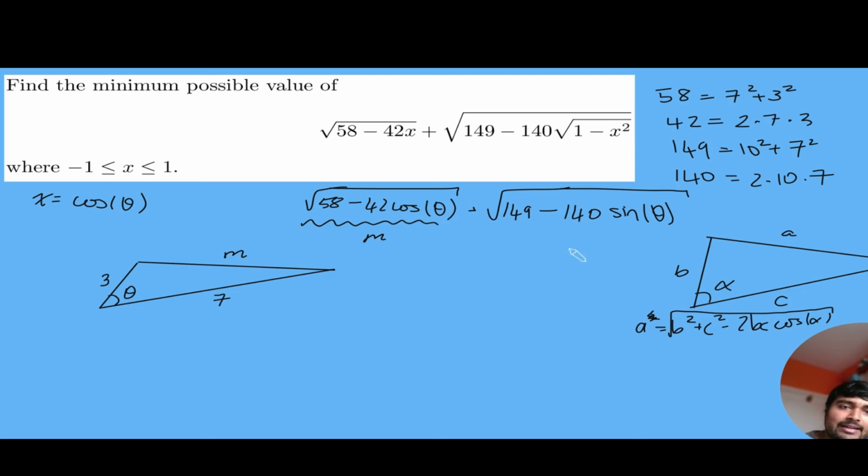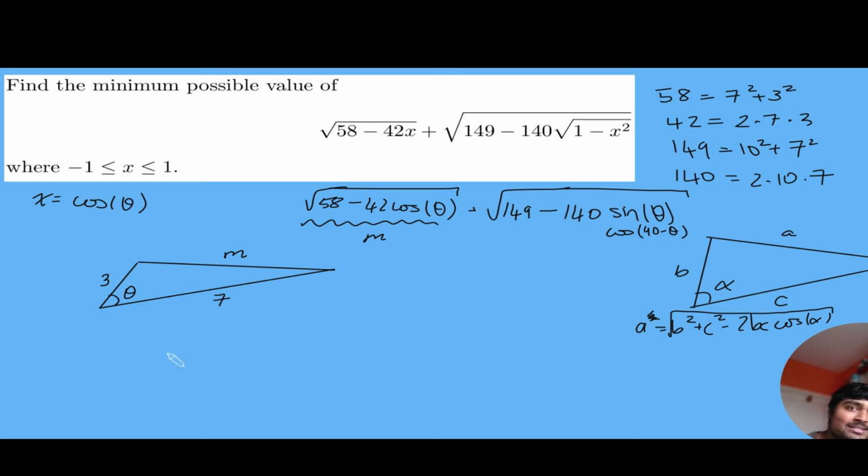Cool. What about this thing here? We get something similar. First we use the fact that sine theta is the same as cos of 90 minus theta. So this is 149 minus 140 cos of 90 minus theta. This describes a triangle with two side lengths, one is 10, one is 7, and the angle between them is 90 minus theta.